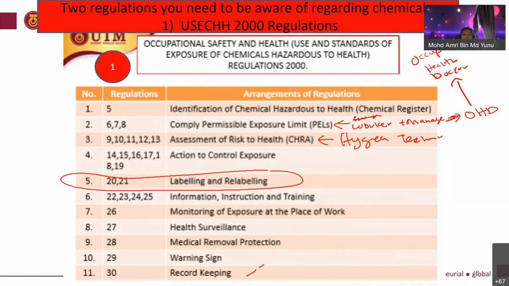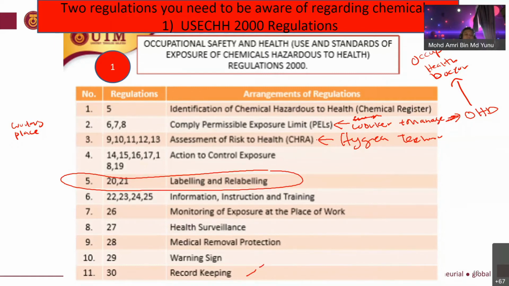And how to comply with this? Let's say, who does the assessment on measuring the working place, who is going to look at the process and assess the permissible exposure limit?